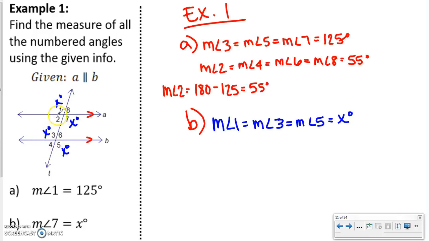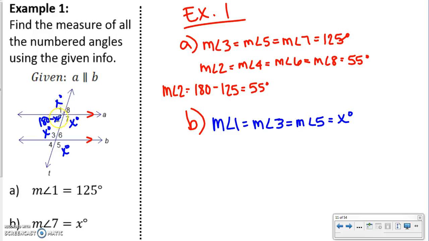Well, when we were given 3, we found out 3 was 125 degrees. How did we figure out what angle 2 was here? Well, we did 180 minus that given angle, and we're going to do the same thing here. We're going to do 180 minus the x, and then that's as far as we can go.